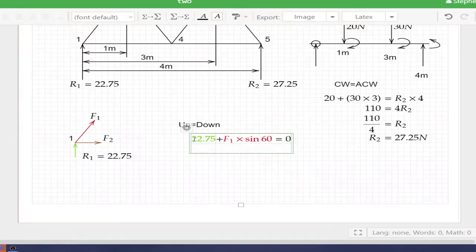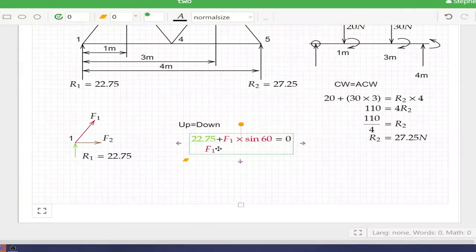So let's take our 22.75 over to the other side to become minus 22.75, and then we can divide by sine 60, can't we? So what we'd end up with then would be F subscript 1.